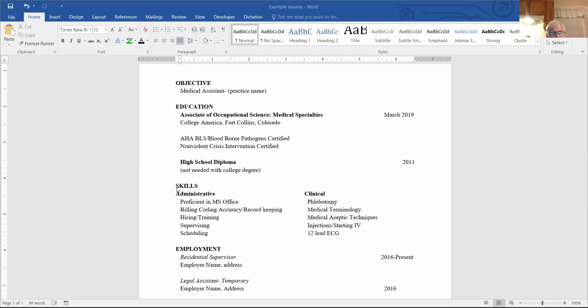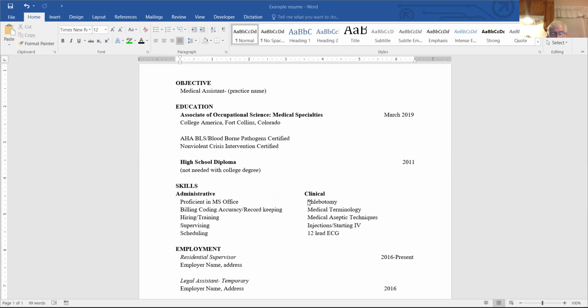So then your skills, what are your skills? And here, I probably would move the skills up above the education, because they're going to assume you have the education, and they're going to look to see what your skills are. In this particular example, this person broke it into clinical and administrative skills.